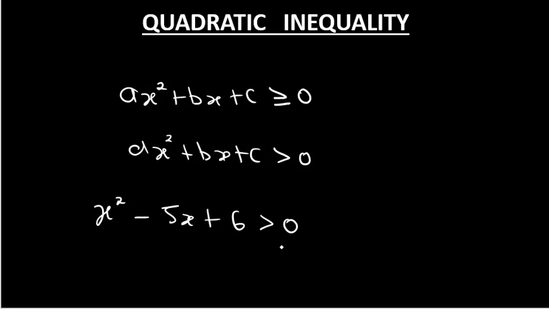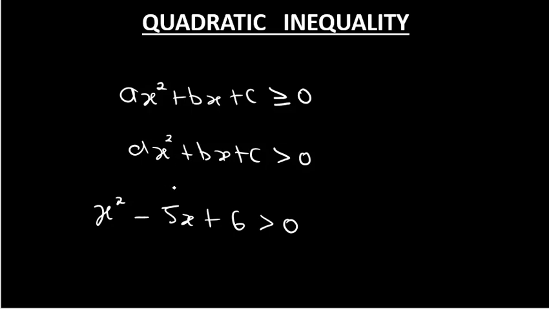We change the quadratic expression to an equation and solve for the two values that are there, and then we use the two values to do the testing. So we're trying to solve for the two values. Yes, we can try factorizing that. When we get the linear factors, we use them.